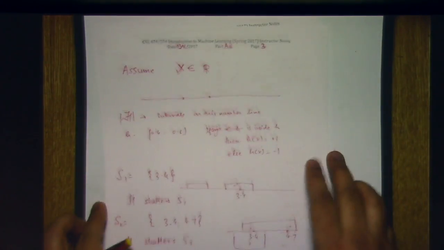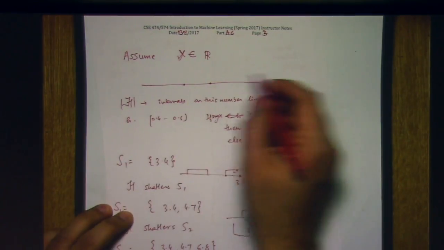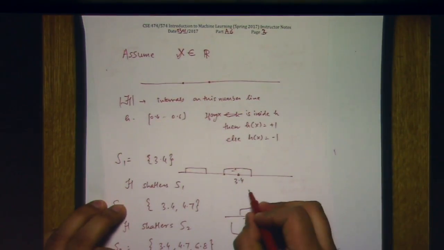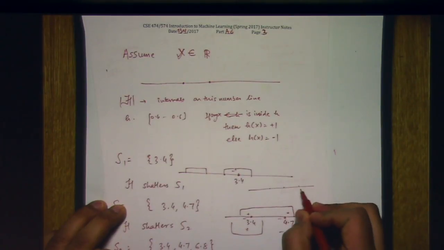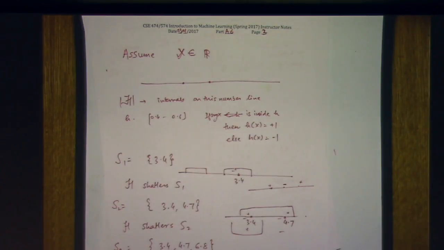Basically, the idea is that to define VC dimension, you have to find at least one subset that is shattered. Shattering means that every possible labeling needs to be represented by some hypothesis in the hypothesis space. So for this example, for any particular three points that you put on this number line, there will always be one labeling that is not represented by H. Do you agree with that part?